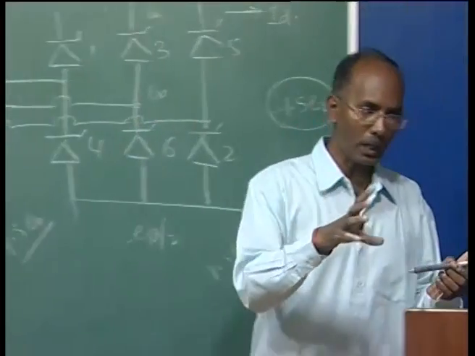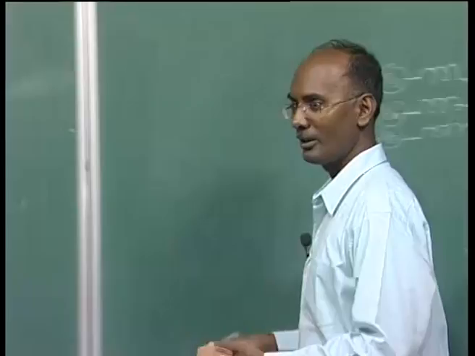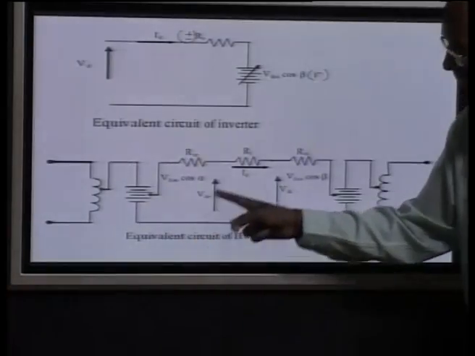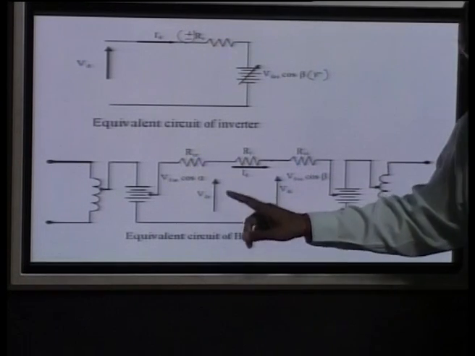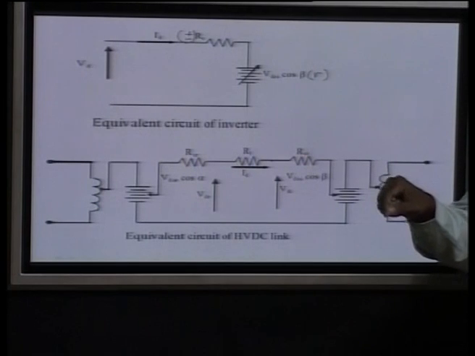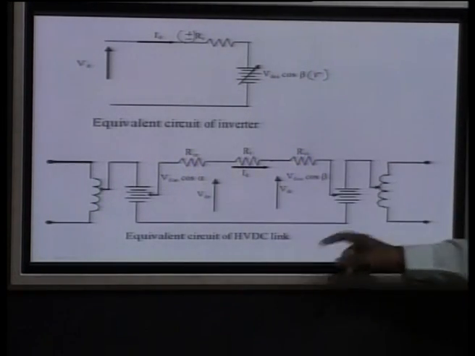So, if you are going to add this along with the DC link having your DC resistance here, this is part of your rectifier. Now, here I have changed with the R notation. R denotes your rectifier side output voltages, etc. And here I am putting the VDI in terms of your inverter side.